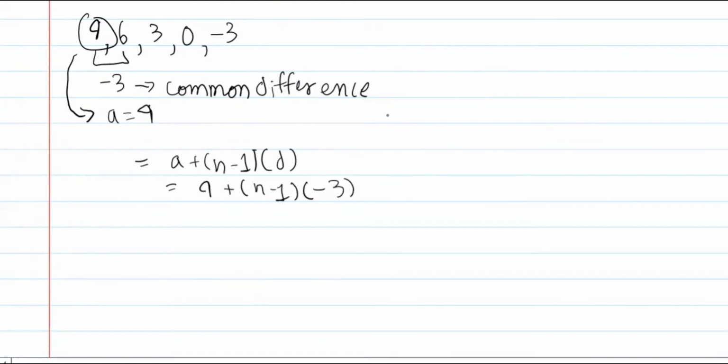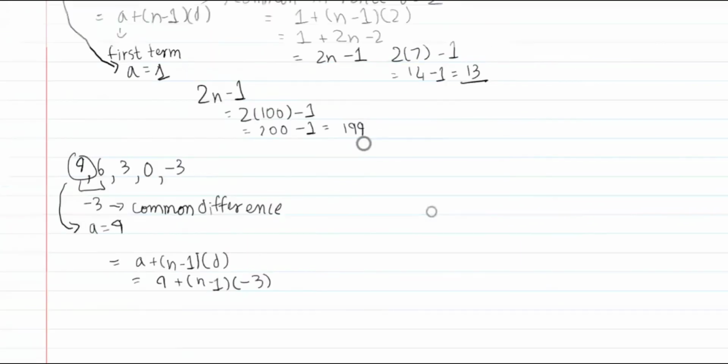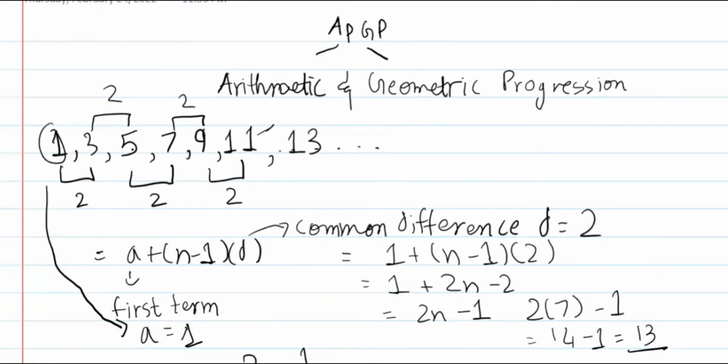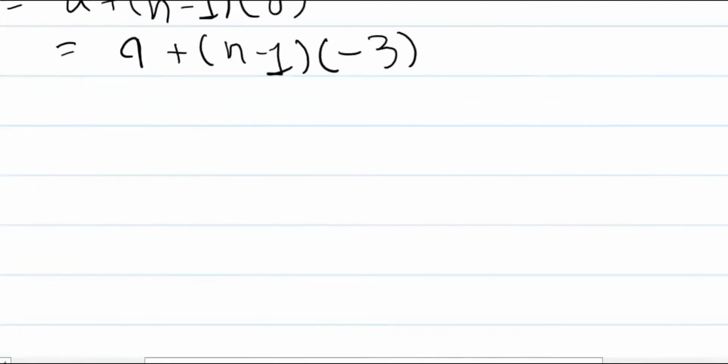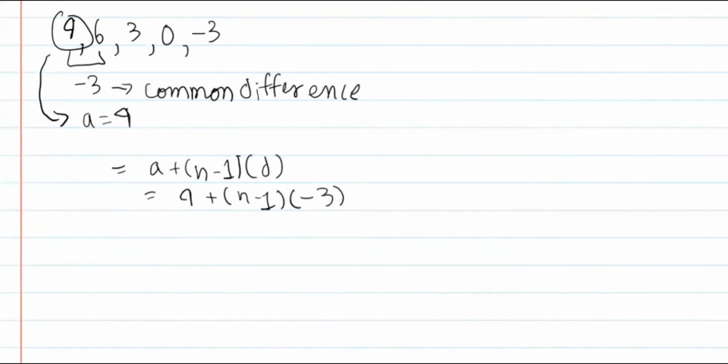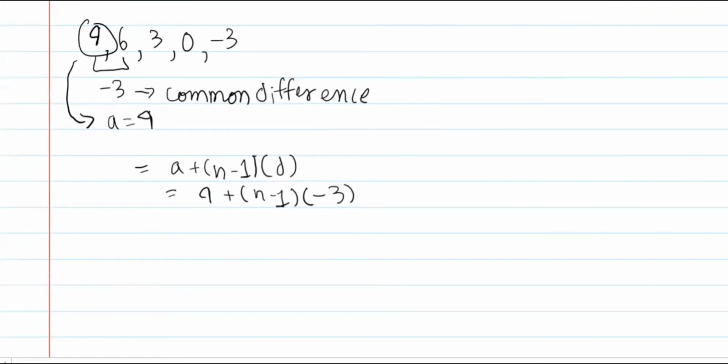As you can see in the previous example, since the common difference was plus 2, we used plus 2. But now, since the common difference is negative, we'll have to write minus 3. Otherwise, this formula won't work. Okay, so let's simplify it. Minus 3 into n is minus 3n, and minus 3 into minus 1 is plus 3. 9 plus 3 is 12 minus 3n.